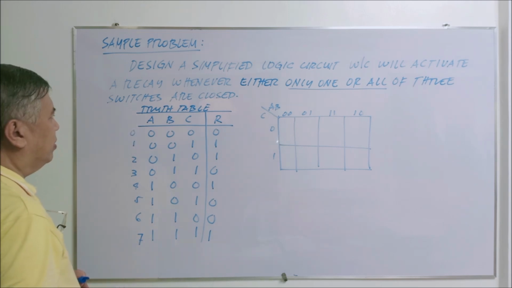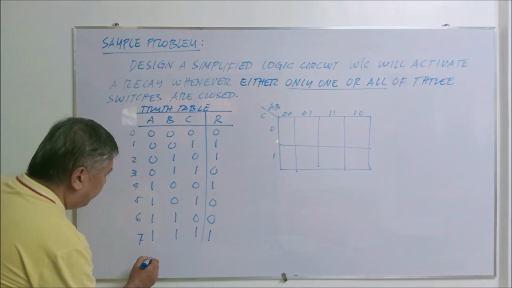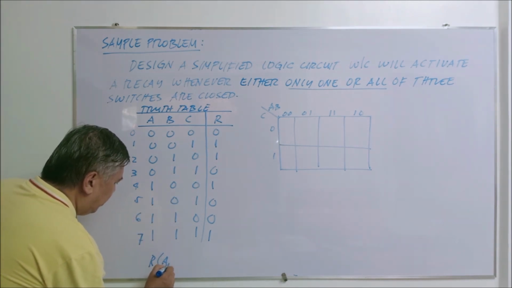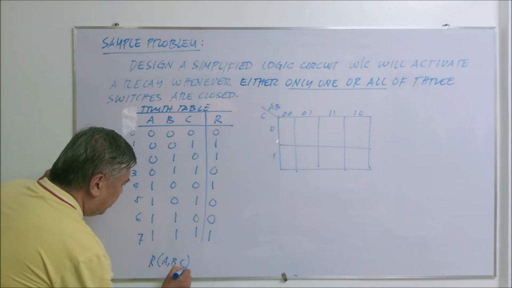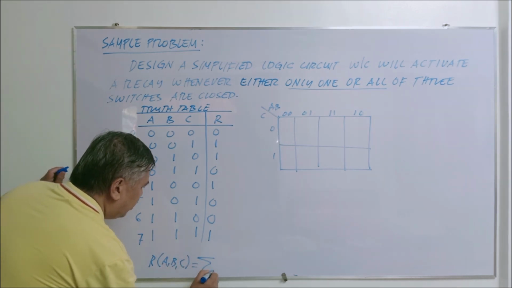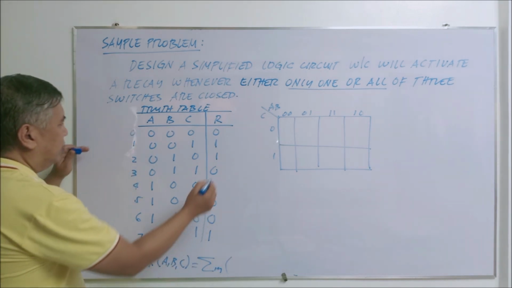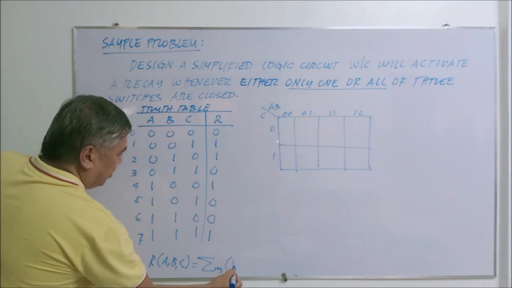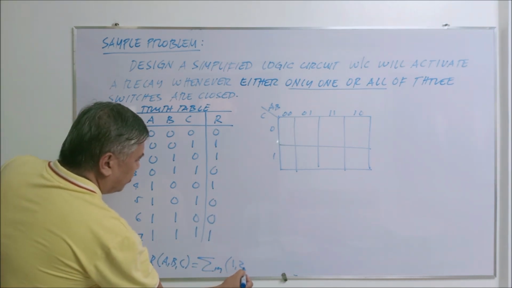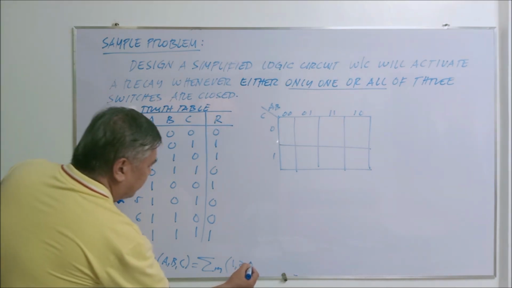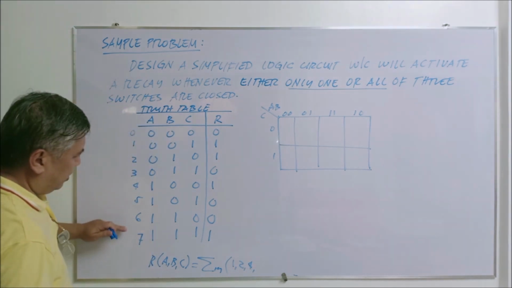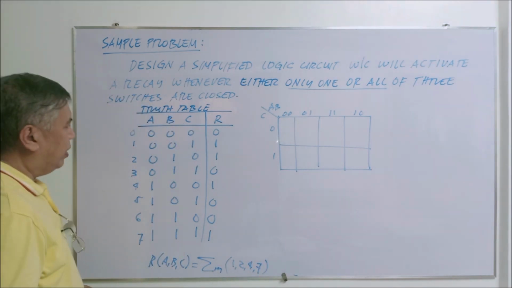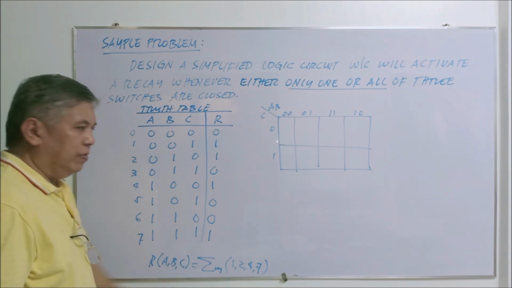So R as a function of A, B, and C is equal to the summation of minterms, from R with a value of 1. So you have 1, then 2, then 4, then 7. That will be our minterms.